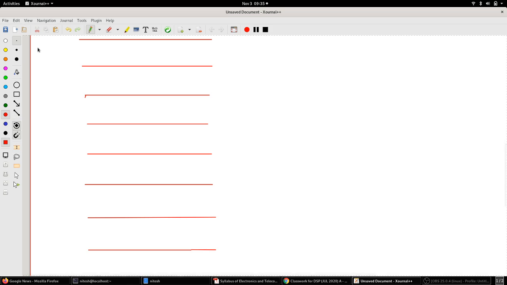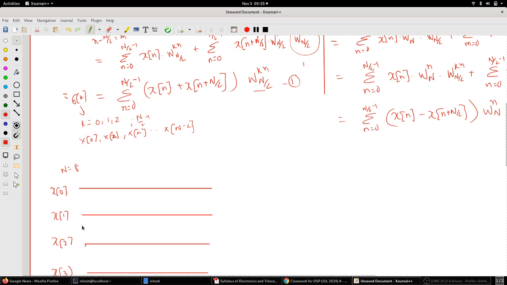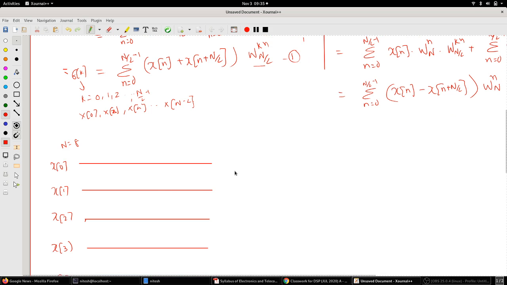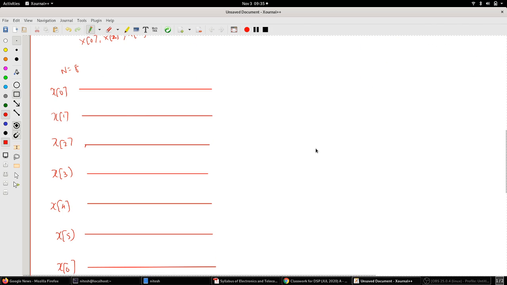You started off with x of 0, this is 1, this is 2, this is 3, this is 4, this is 5, this is 6, and this is 7. Okay, you had these 8 points. So what I am doing now is giving it to an N by 2 point DFT. So these are the 4 points, right?